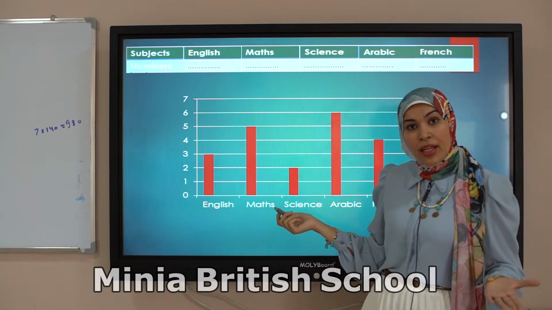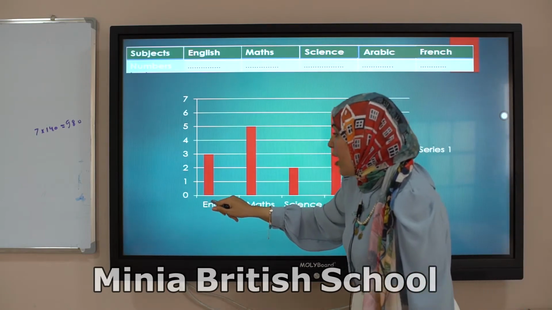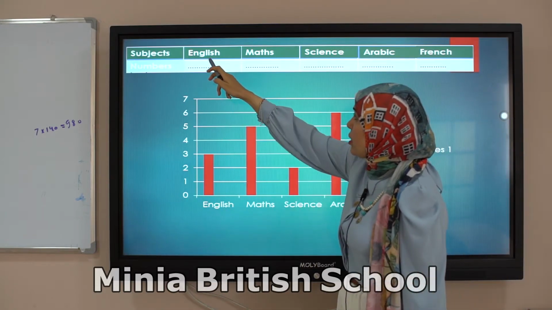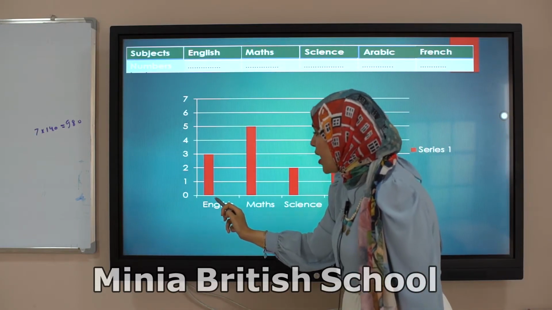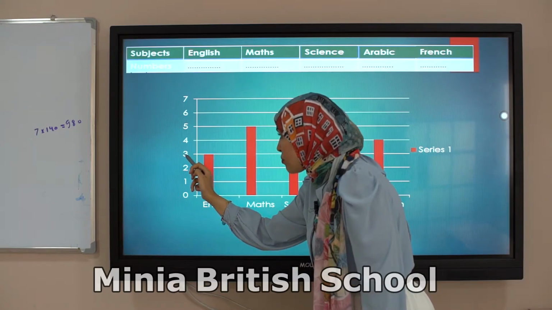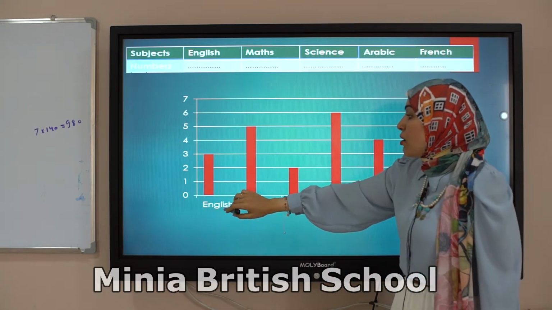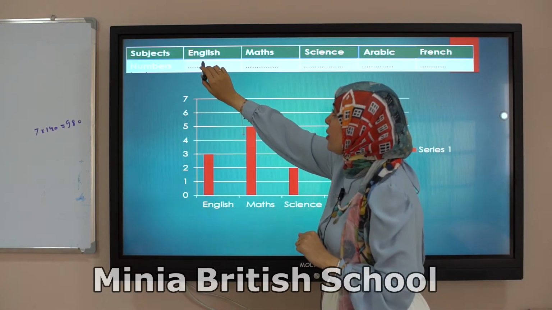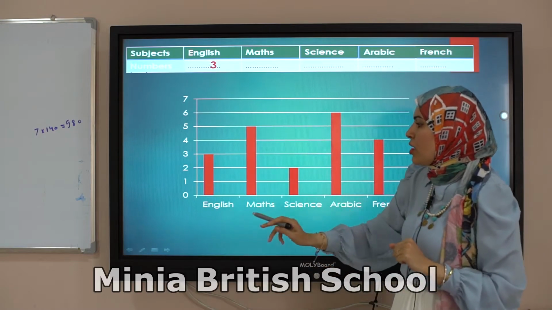Okay, here what can I do? I look at the colored line. Here in English, the first subject, I colored from 0 to reach number 3. So here I have 3 students in English. So I write here number 3.